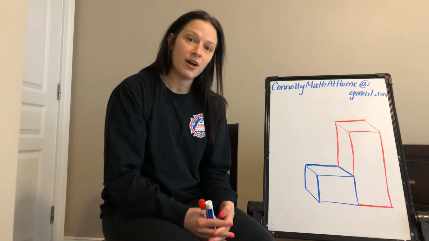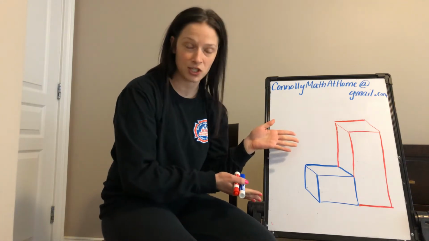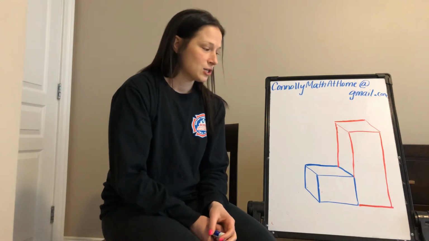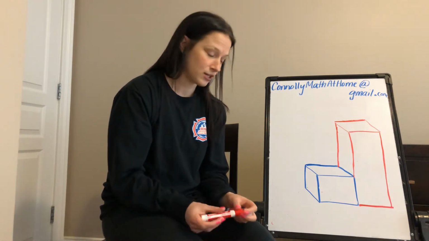So let's get started. In my last video, I went over volume of a rectangular prism. That's the 5th grade standard. Once we go over the volume of a rectangular prism, then we start tackling this situation here, which is the volume of an irregular solid. So let's do some reminders.